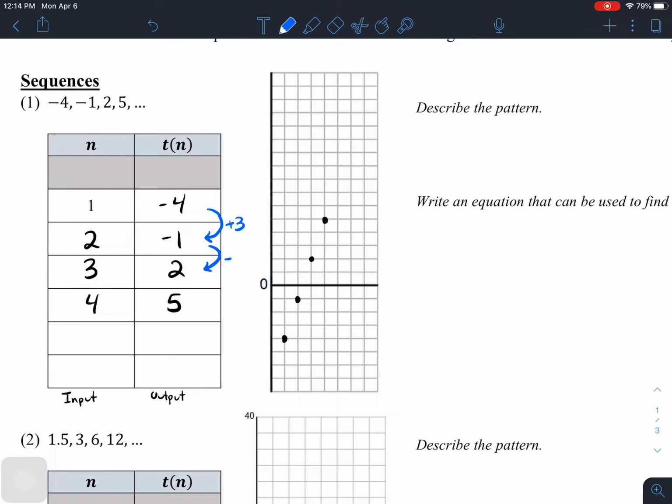Well, I add 3. -1 plus 3 is 2. 2 plus 3 is 5. So I can keep on following that pattern. The fifth term should be 8, and the sixth term should be 11. So at 5 I'm at 8, at 6 I'm at 11.